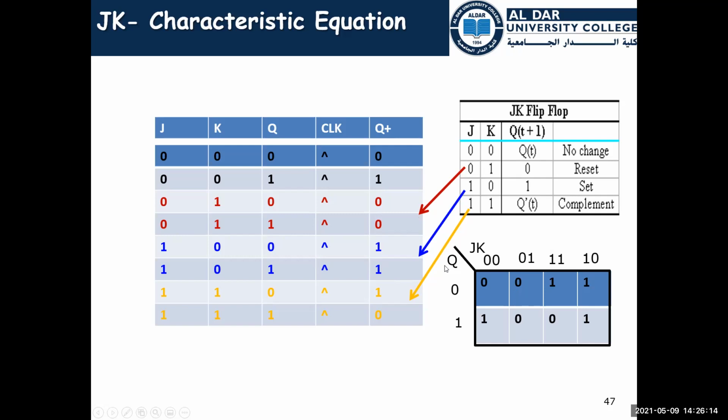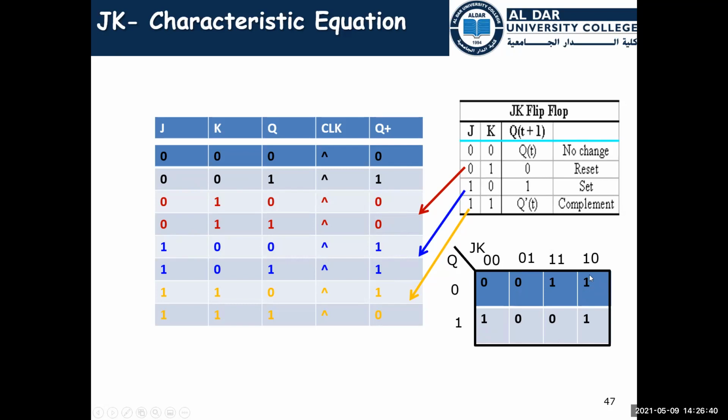Let's see it. We have Q, J, K, these are the inputs for the next state. We have the previous state and the input J, K. And here for 1, we have 0 0 1. So this is the first one. The second one here is 1 0 0.